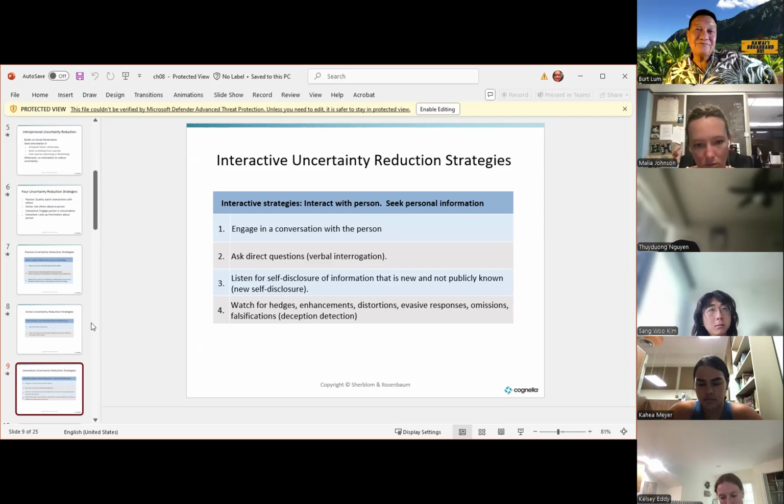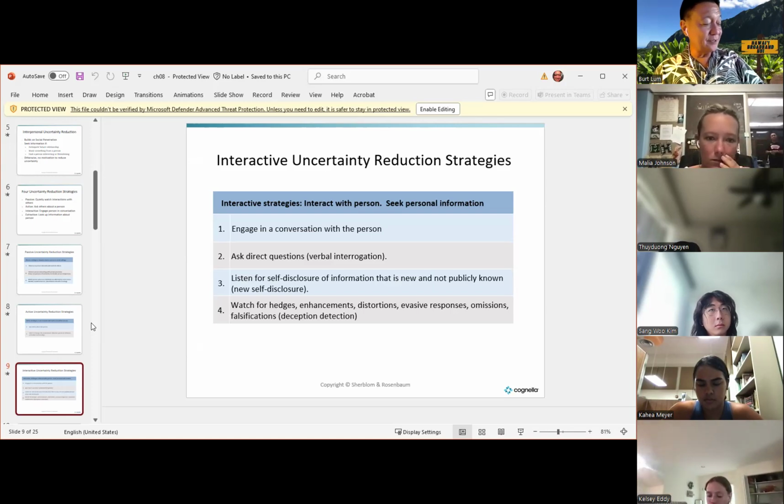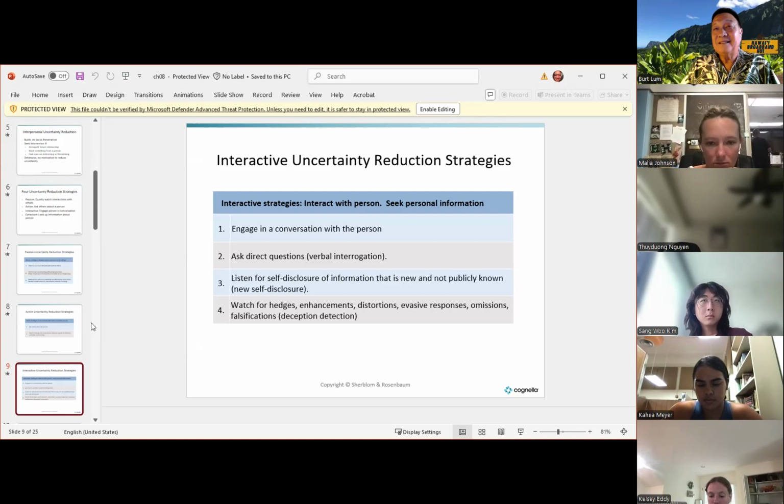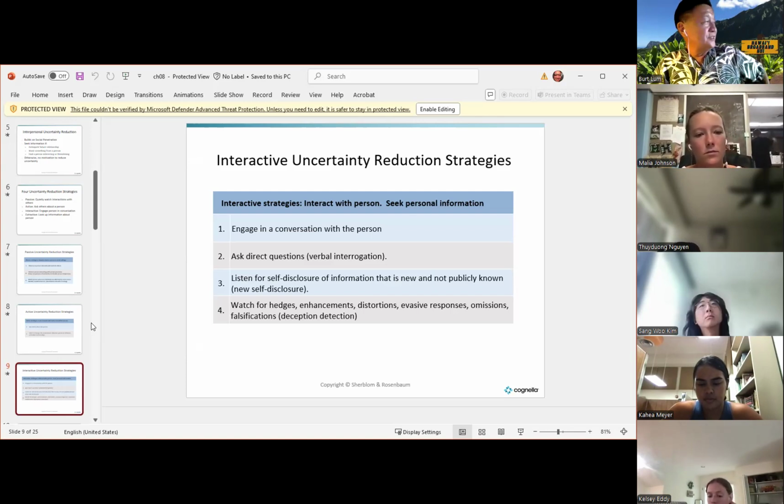Another example that I think you might all be familiar with in Hawaii, at least, is that when you first meet somebody, oftentimes the first thing they'll ask you is, what high school did you go to? The reason for that is that it is one of those assessments of the social circles, depending on what your answer is. If the answer is a public school, it's a public school.